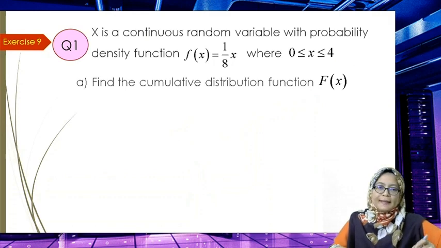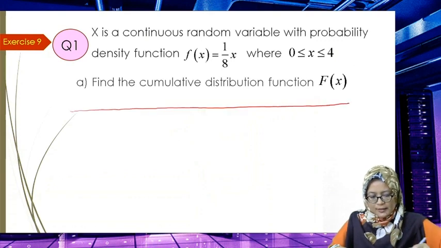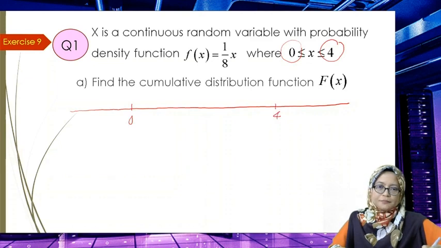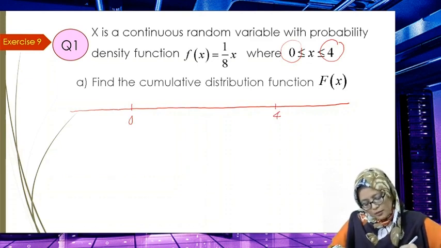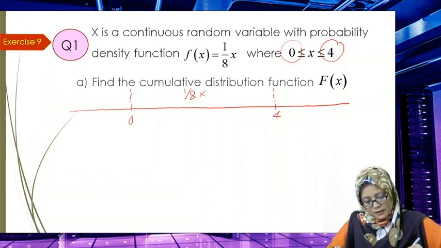Okay, first kita akan create kita punya interval. So create interval, ambil nilai daripada yang dia bagi 0, 4. So ini 0, sini 4. Okay, so kita akan divide ikut border dia lah. Maksudnya 0, 4 ni function dia 1 over 8x. Selain daripada interval tu, function dia adalah 0.